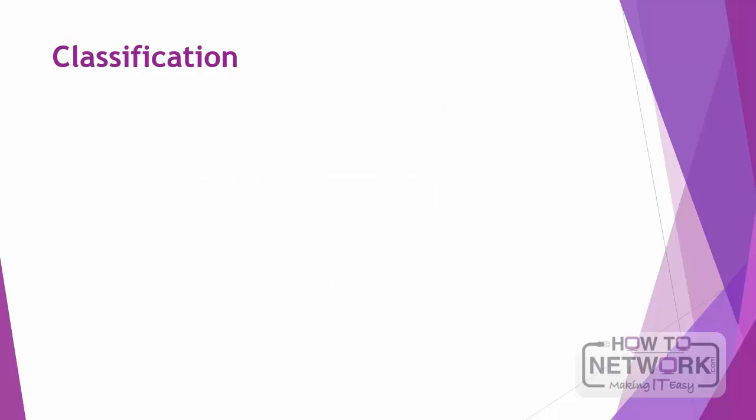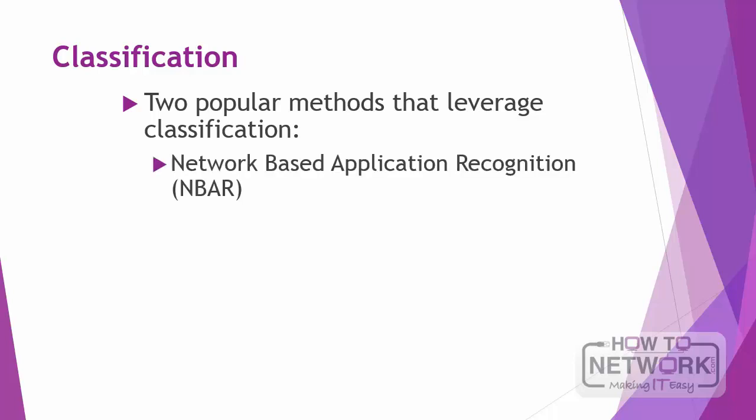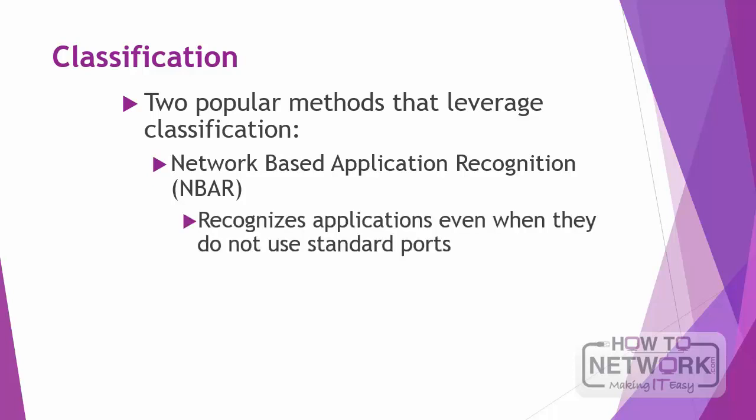For a flow to have priority, it must first be identified and marked. Both of these tasks are referred to as classification. The following are popular technologies which support classification. NBAR is a technology that uses deep packet content inspection to identify network applications.